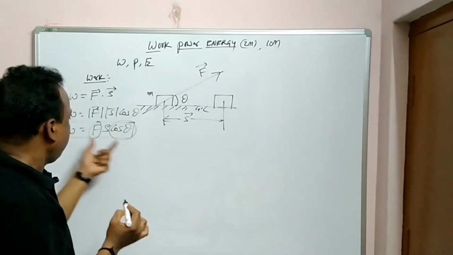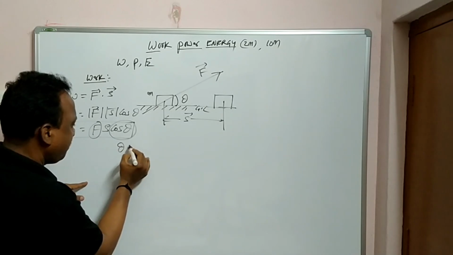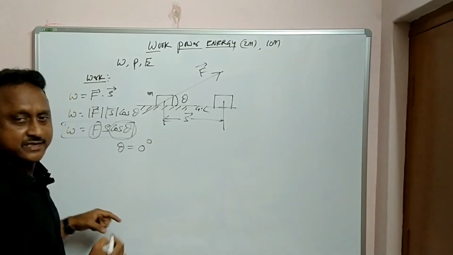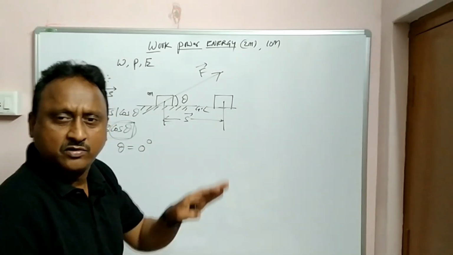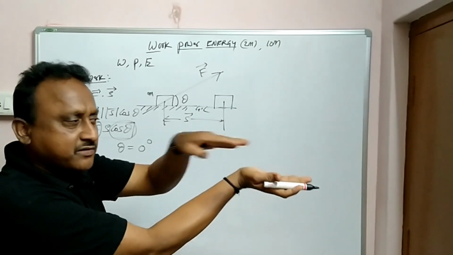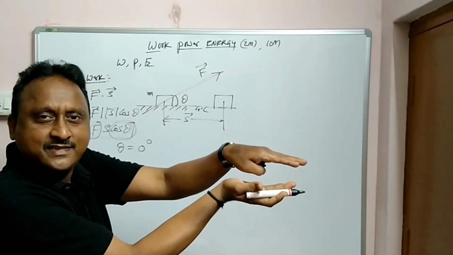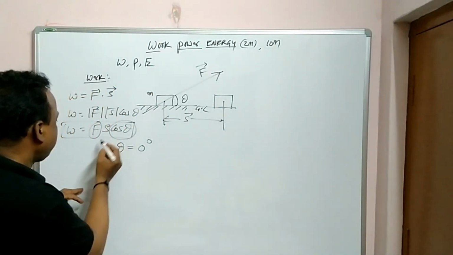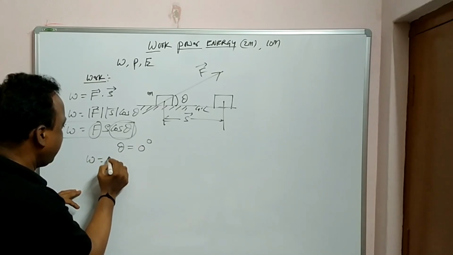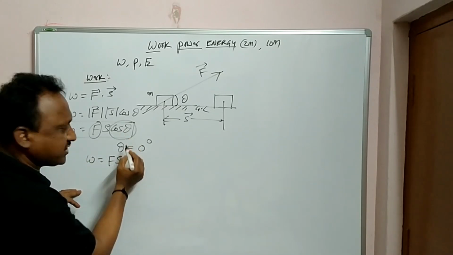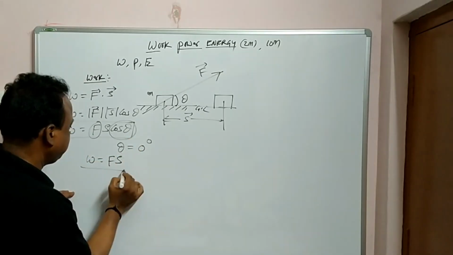Clear? Now here you can take, suppose if theta is equal to 0 degrees. Theta 0 degrees, then what happens? Force and displacement are in the same direction, so theta is equal to 0. So the work done will become Fs cos 0, which is 1, therefore Fs.